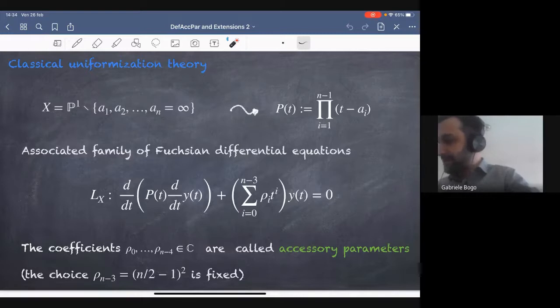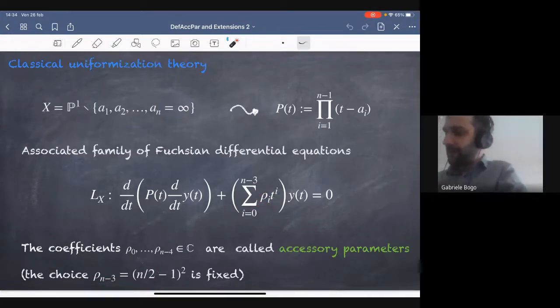And you have some free parameters here, called accessory parameters, that are in principle n-2, but one will be fixed to have this value in order to make infinity a regular singularity of the differential equation, but the others are free. Let me explain why you have these parameters.